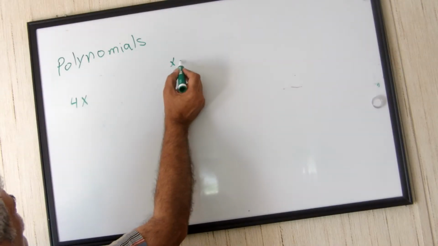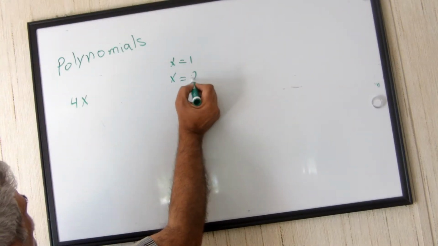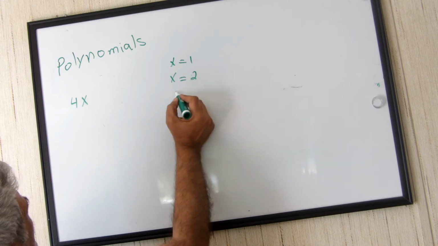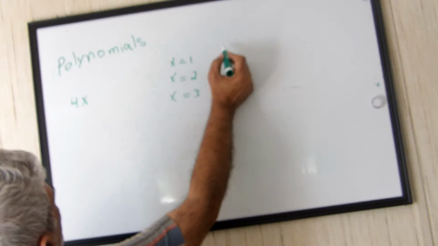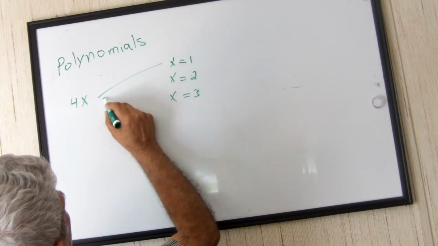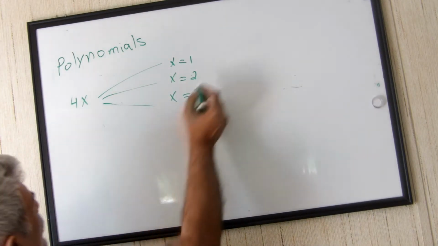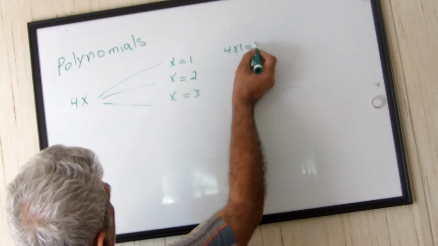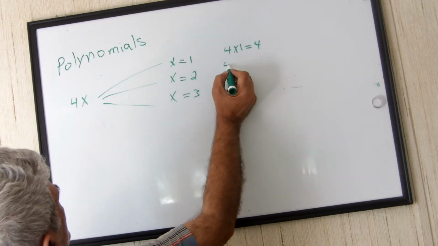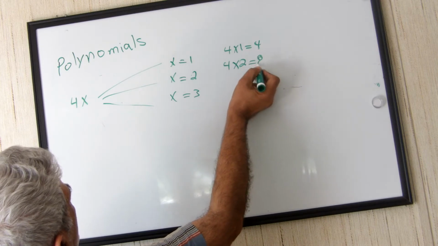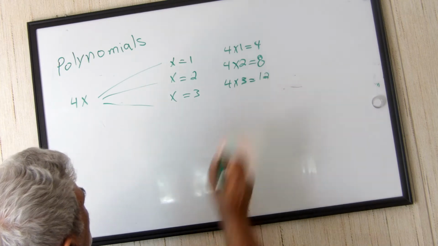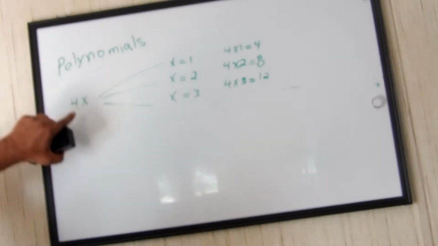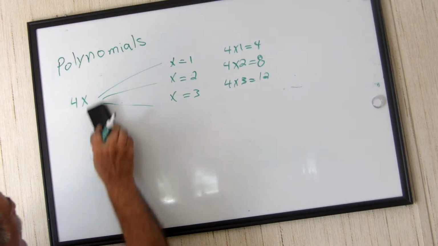Later on when we substitute, sometimes we say x is equal to 1, or x is equal to 2, or x is equal to 3. When x is equal to 1, 4x is 4 times 1, which is 4. When x is 2, it's 8. And 4 times 3 is 12. So we can give a value to this and then find out.